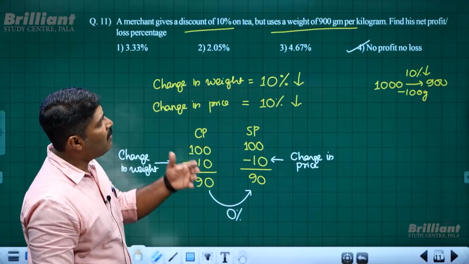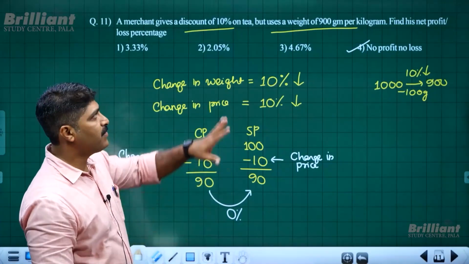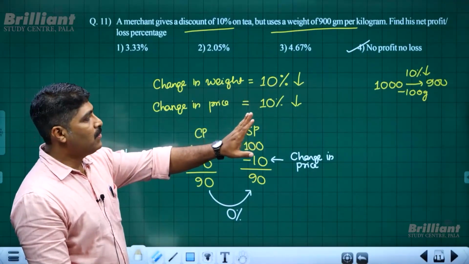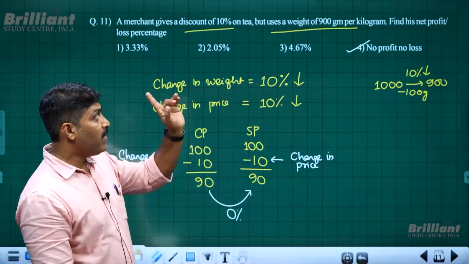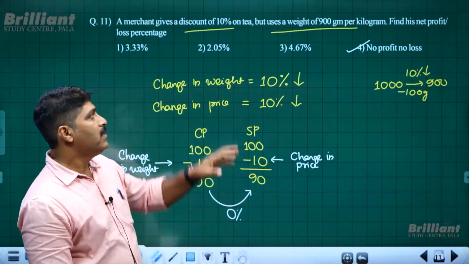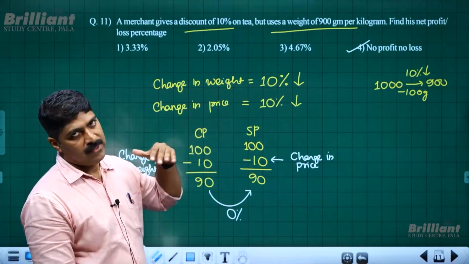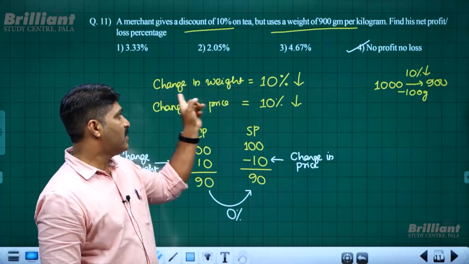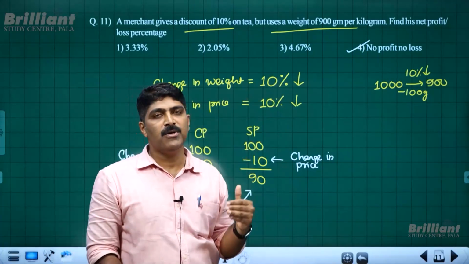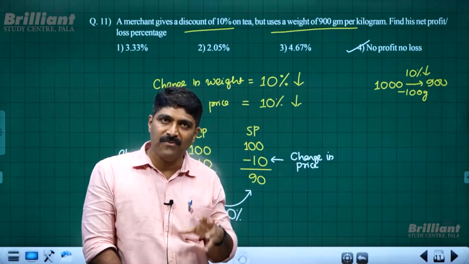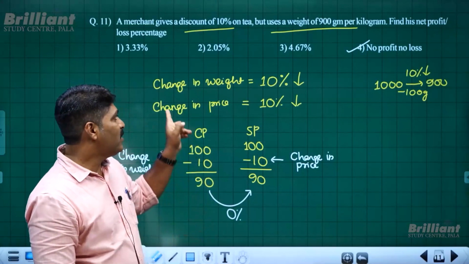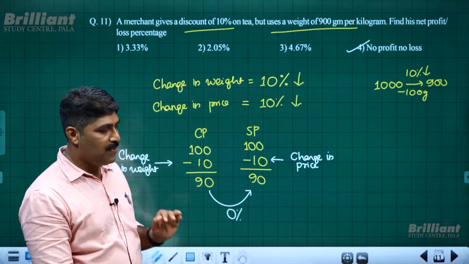Here we have to consider various applications for this type of question. This is the easiest approach. Whenever you get questions related to a dishonest seller, first of all, you have to make a conclusion about the percentage-wise change occurred in the weight of the product and the percentage-wise change occurred on the price of the product.